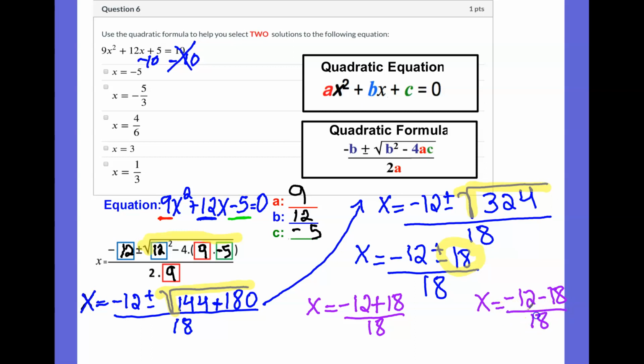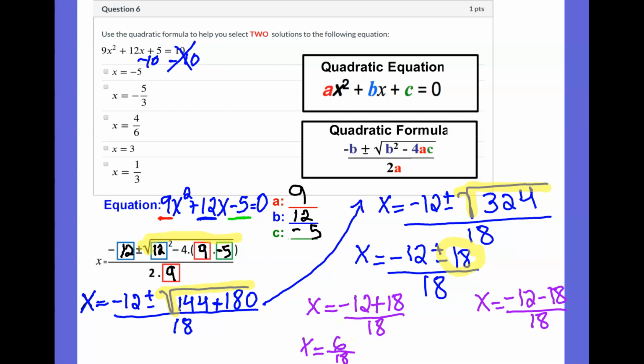So when I do -12 plus 18, I get 6. X equals 6 divided by 18. For this one, I always need to simplify whenever it's possible.